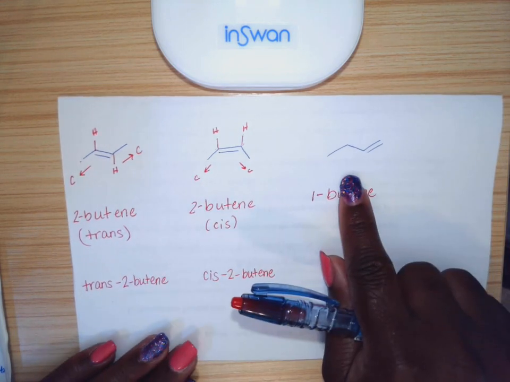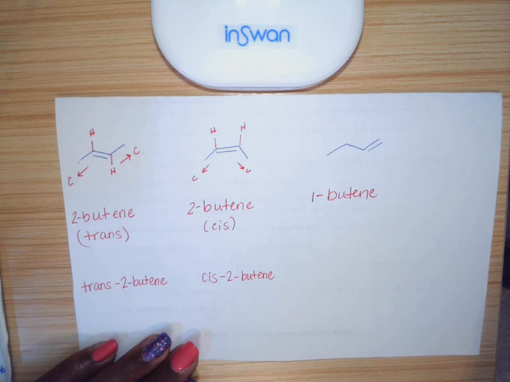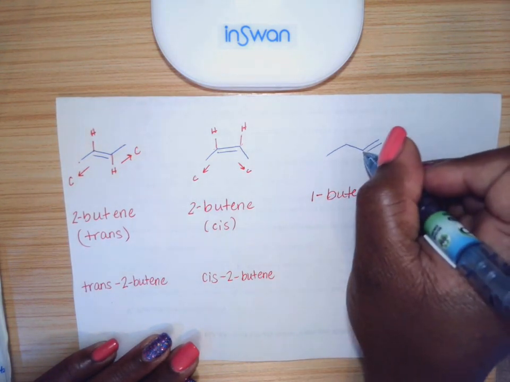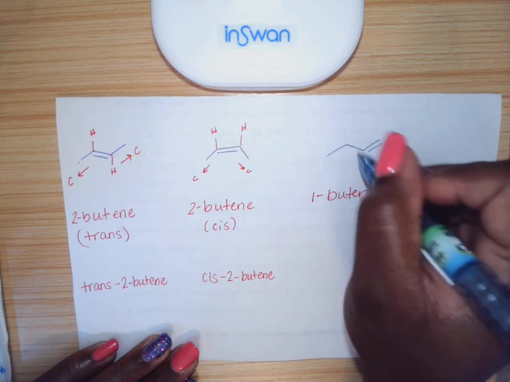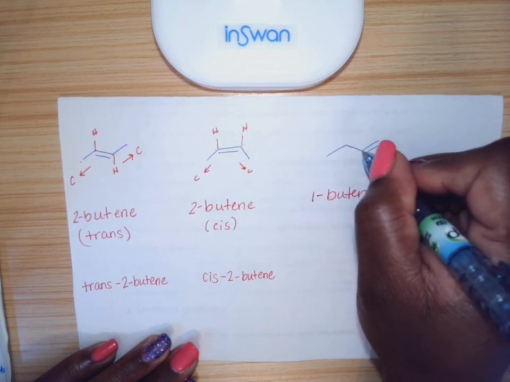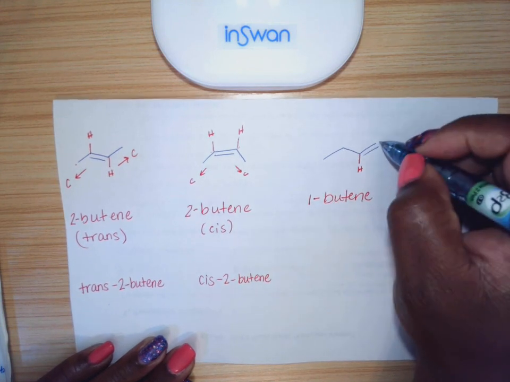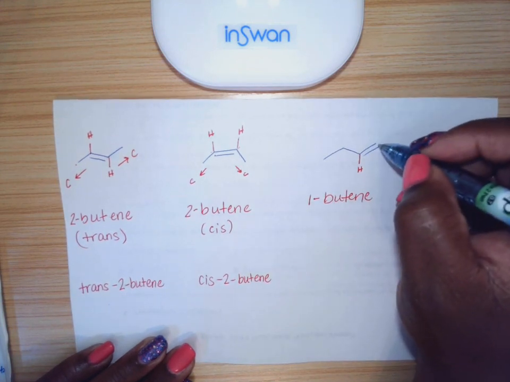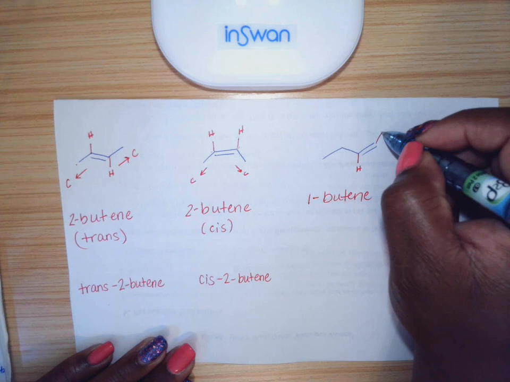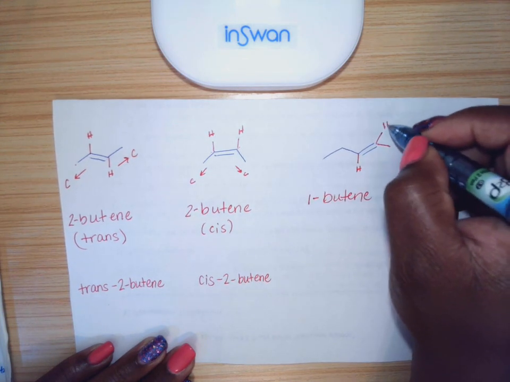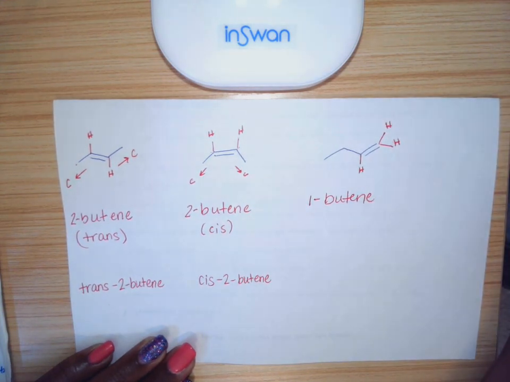For this 1-butene, I can't indicate cis or trans, because if we notice, with carbon 2, there was a carbon going up, my double bond pointing upward, so that means that my hydrogen will point down. But then for carbon 1, I don't have another carbon, I only have those 2 hydrogen atoms. So I have a hydrogen up, I have a hydrogen down.